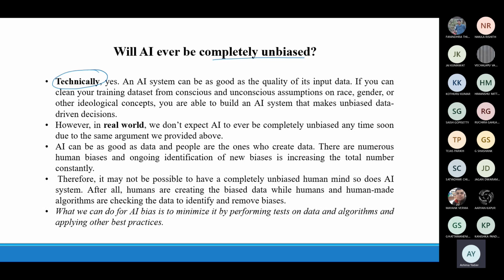So maybe with the help of those algorithms and tools, we might get bias-free software. However, if you look at the real world, we don't expect AI to be completely unbiased anytime soon, because AI can only be as good as its data, and people are the ones who create data.